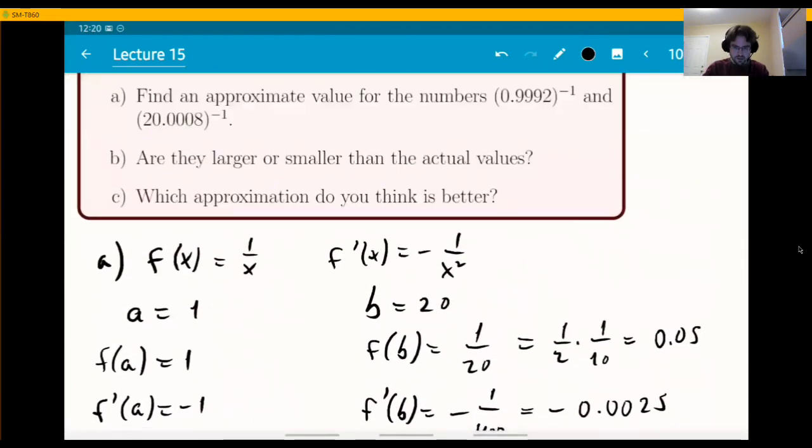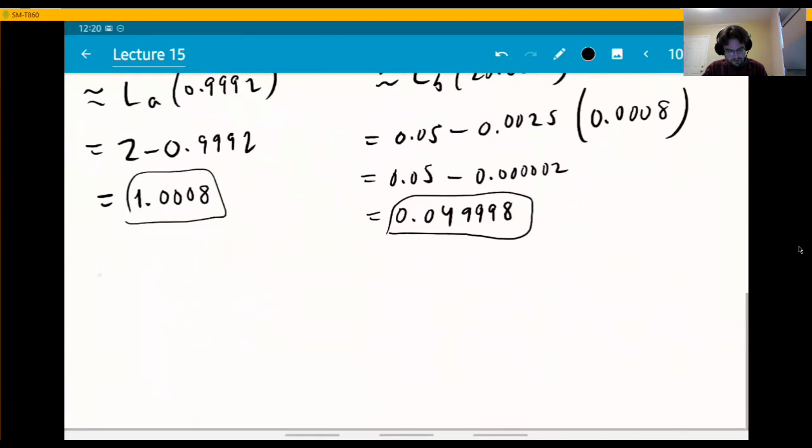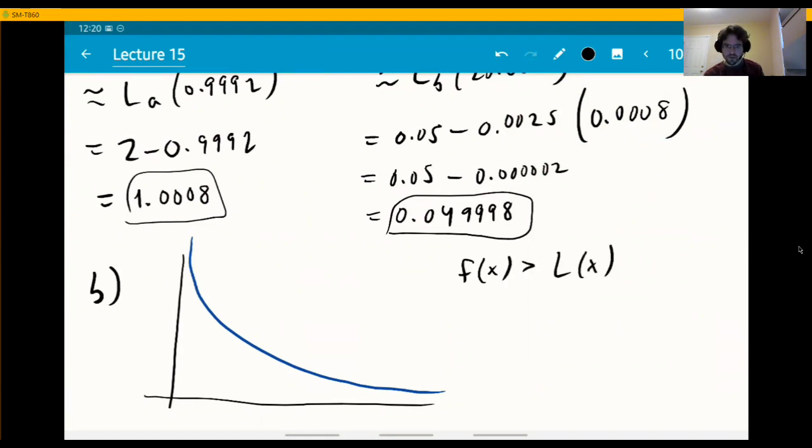Are they larger or smaller than the actual values? Okay, what is the function? Once again, the function is 1 over x for both cases. This function is a smile. It's concave up. We don't even need to draw the points, the tangent lines, whatever. We can just say the actual value of the function will always be larger than whatever approximation you use.